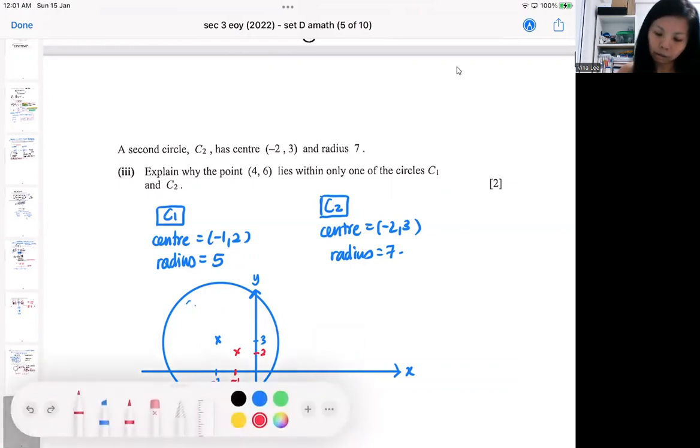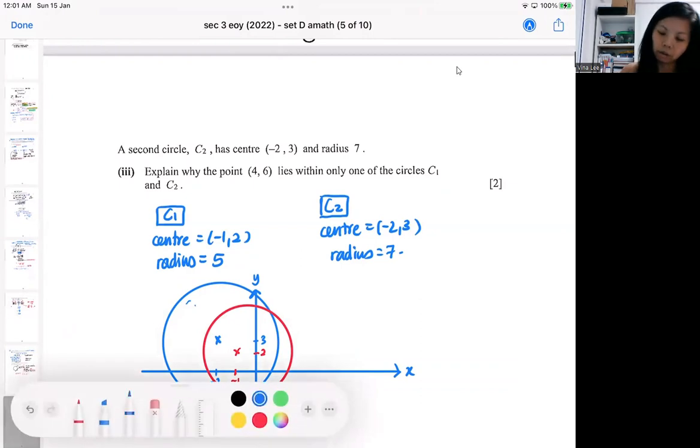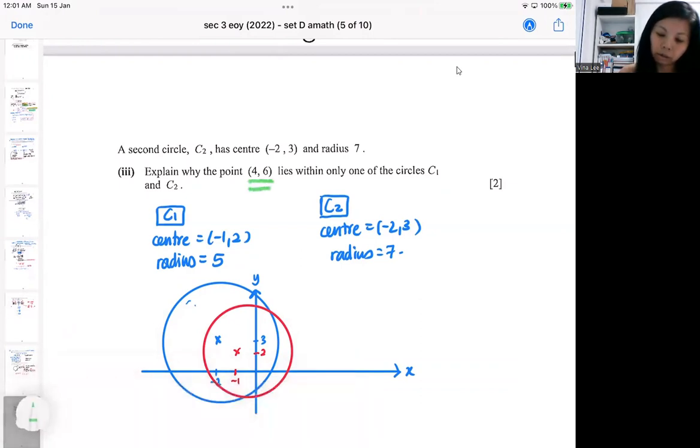A bit ugly, so let me draw properly. I'm just estimating. So we have a critical point here. The critical point is this one, somewhere here. I think I didn't draw the circle correctly. Maybe the circle should be a bit bigger.